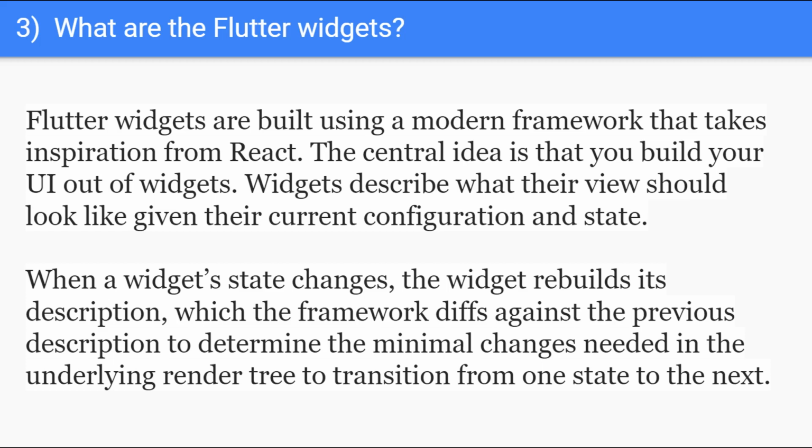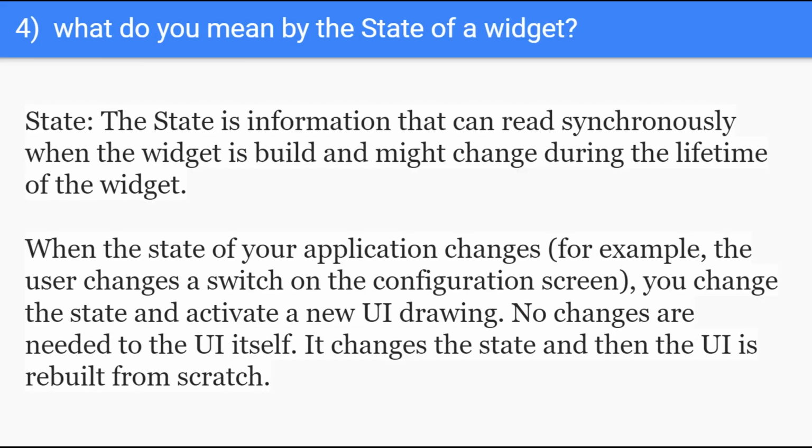The fourth question is, what do you mean by state of a widget? State is the information that can be read synchronously when the widget is built, and might change during the lifetime of the widget.